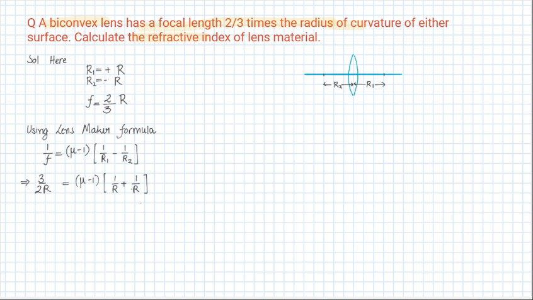Now what is 1 by r plus 1 by r? 1 by r and 1 by r should give you how much? It is 2 by r. So I'll write down 2 by r here.